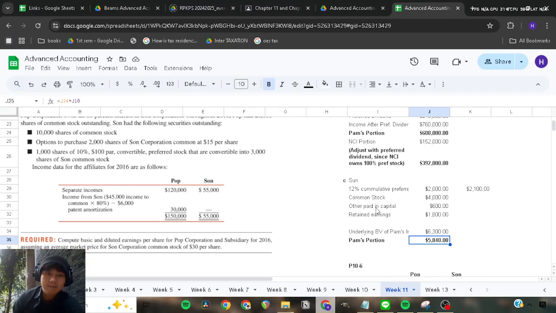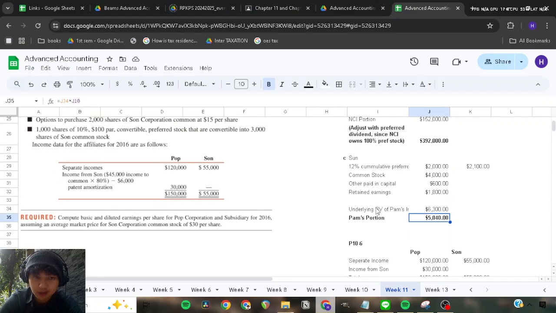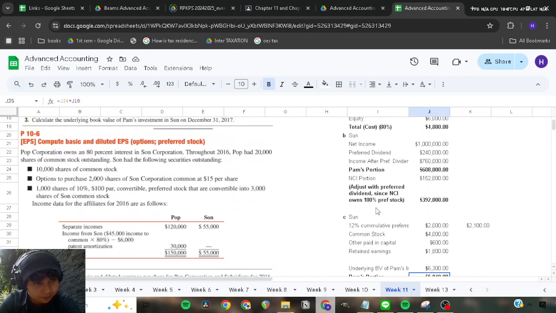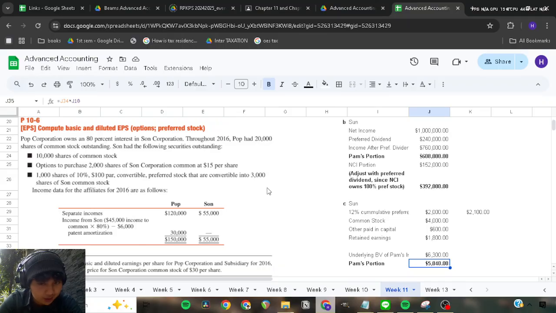So you have to make adjustments, in a way that you don't want to include that in your calculations of, let's say, equity, let's say income, or NCI even. Oh no, not for NCI, because NCI in this case they own the preferred stocks. But you get what I mean.